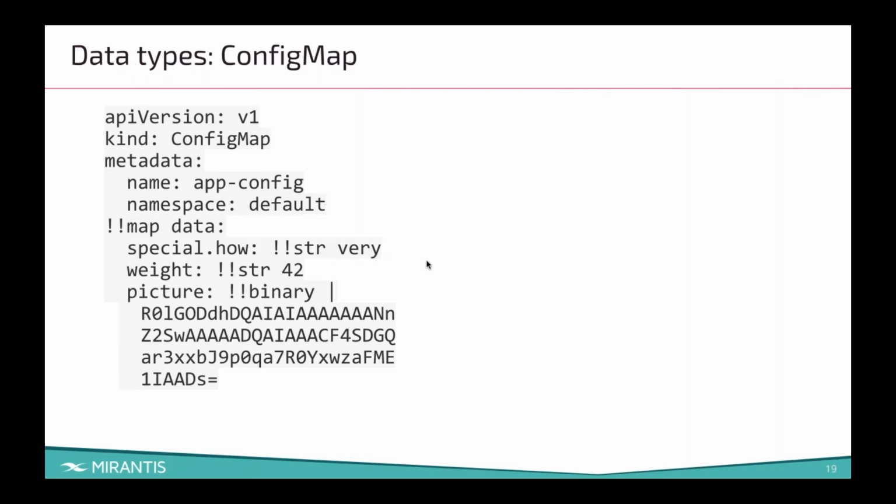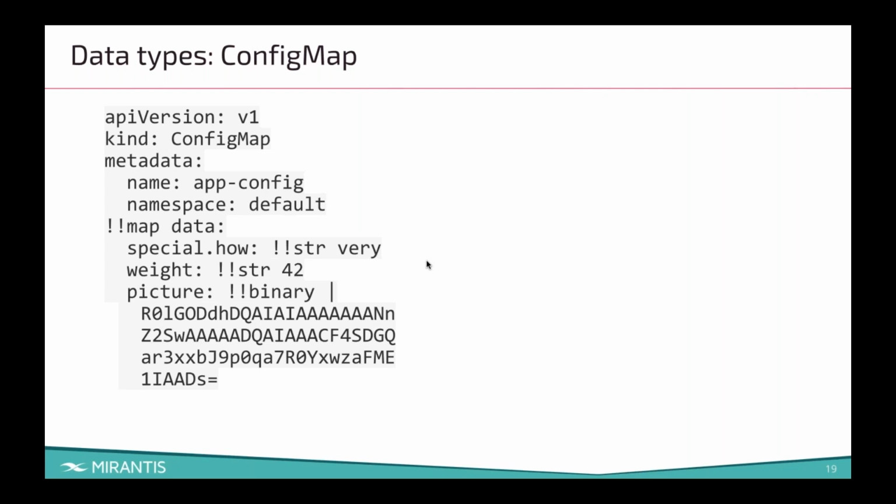Now, there are a lot of types that are defined in YAML itself, such as floating point variables and all kinds of things. And those you would think would be useful for something like config maps or other values that we need to work with.